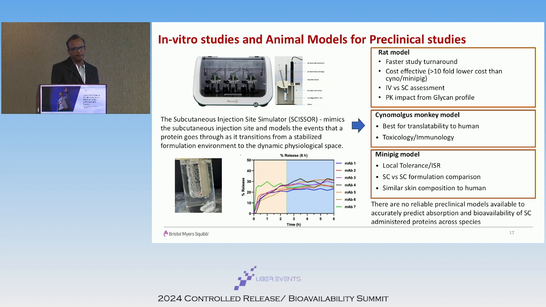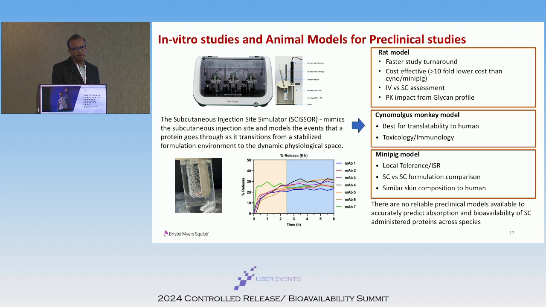But the rat model is, again, for the first turnover, not expensive, a quick study. We do some rank ordering of the formulations, and also to understand the impact of some of the glycan profile of the drug substance. But in the rat, the skin is very thick, so this is not a good predictor for the PK or the tolerance.